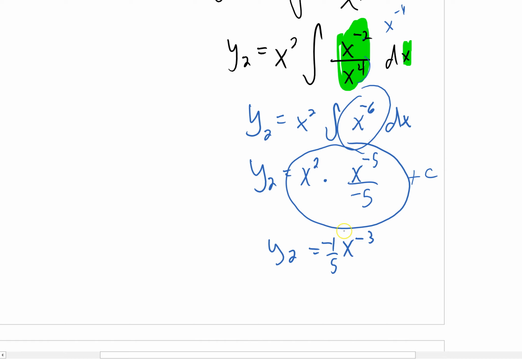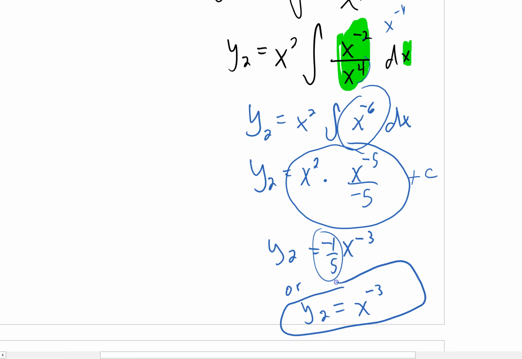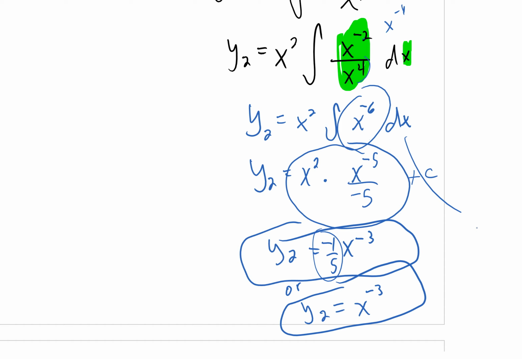Right now, you could leave this as an answer, or you could say, look, I know that there's some constant that would in general be multiplied to a power of x. We could have just y sub 2 is equal to x to the negative 3. You could also just imagine that your c here is just a 0. You're trying to find a second solution, a real simple solution.